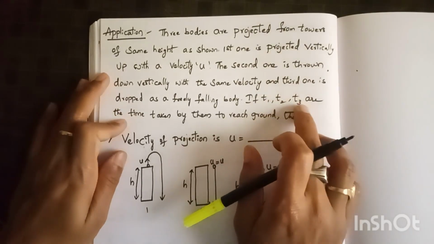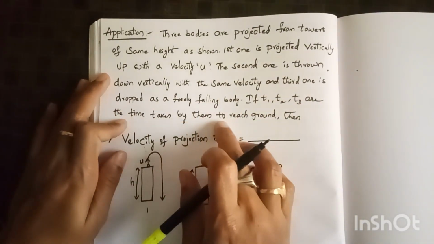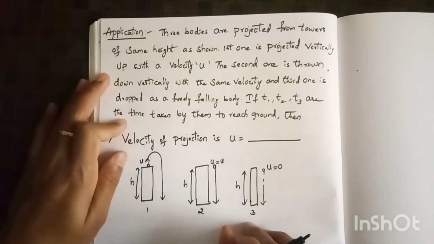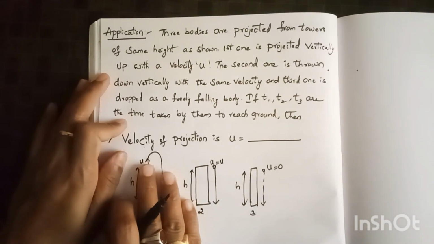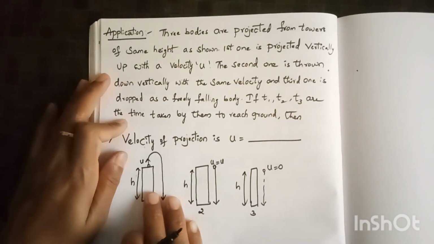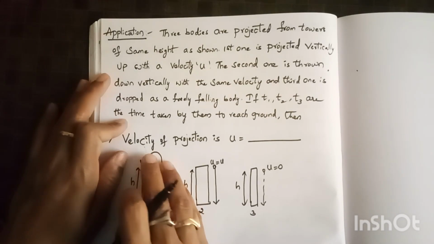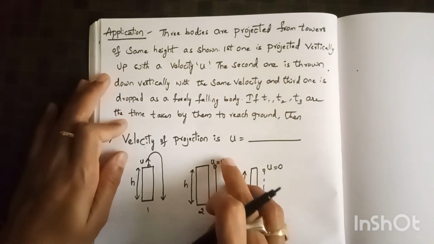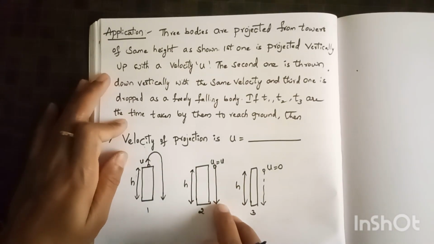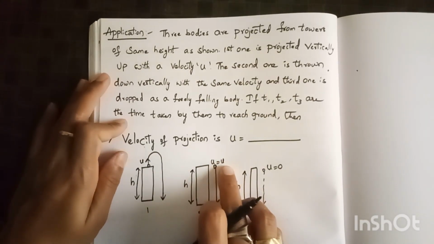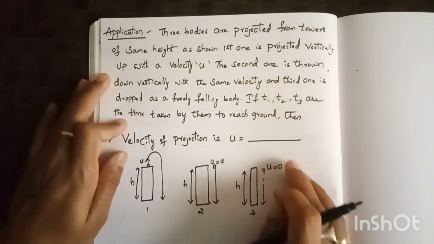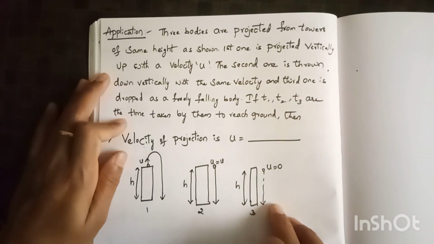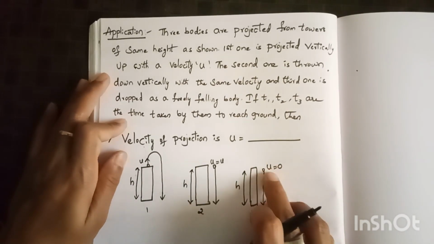Let T1, T2 and T3 be the times taken by them to reach the ground. The first object is projected vertically up from the top of the tower with velocity u, the second is thrown down vertically with the same velocity u, and the third is dropped freely from the tower, that is u equals 0.